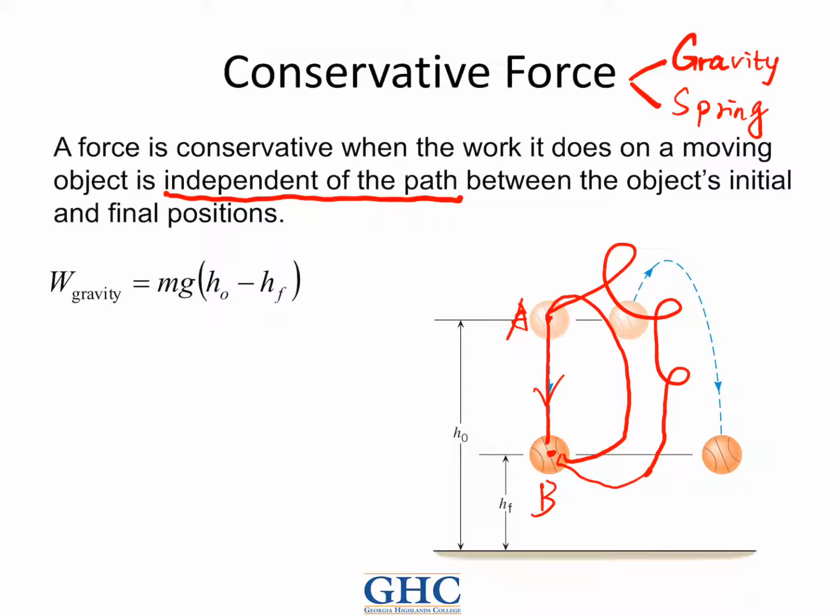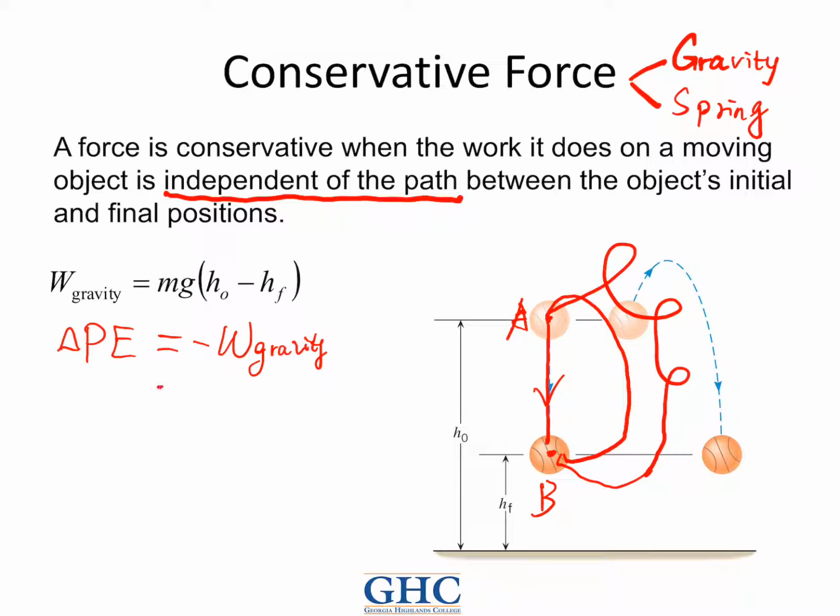Moving from position A to B, we define the change of potential energy as the negative of the work done by the conservative force. In this case it is gravity.